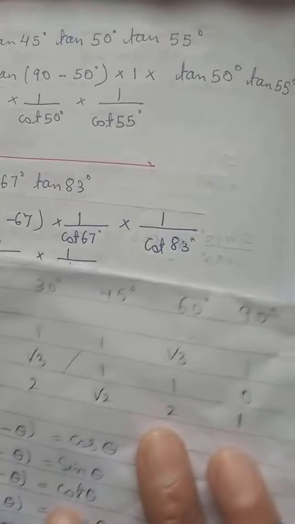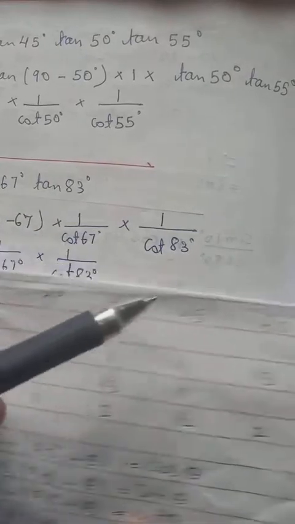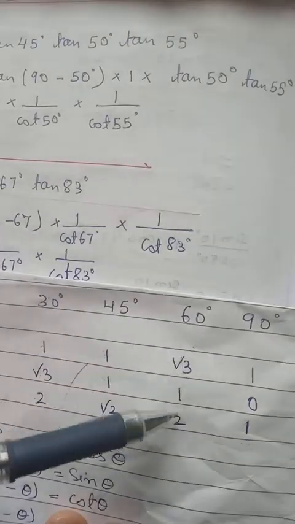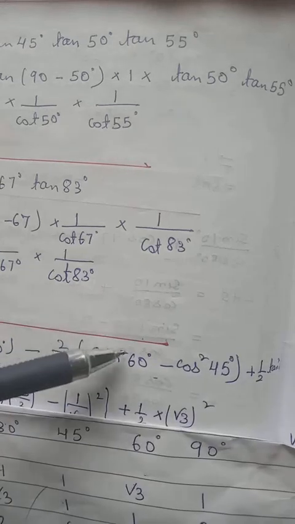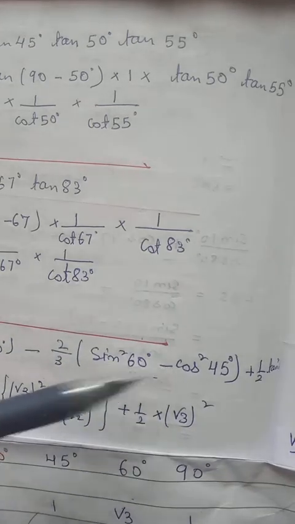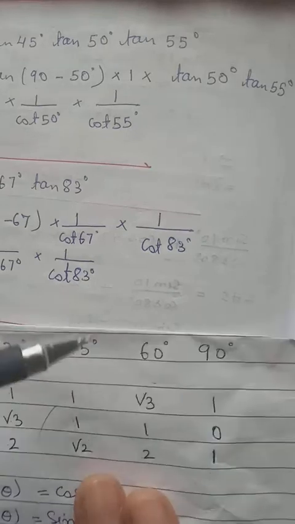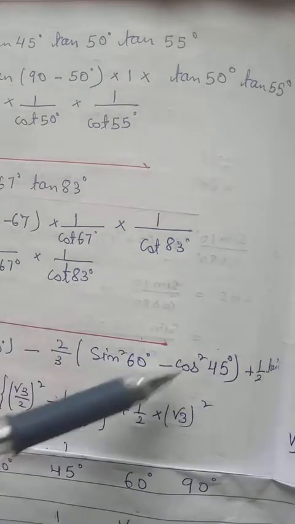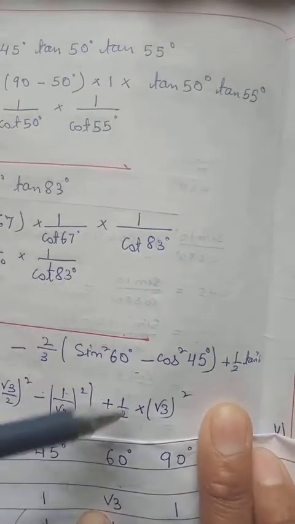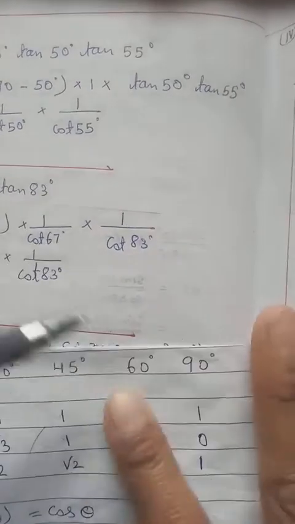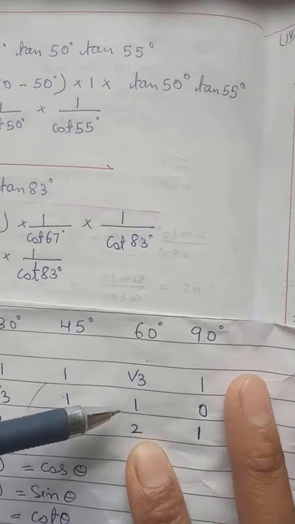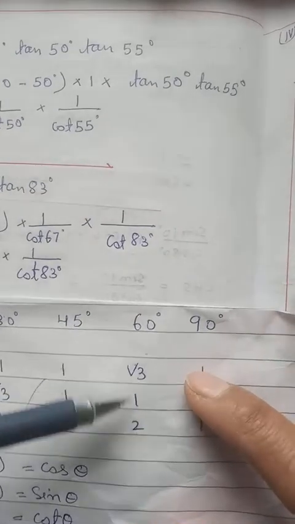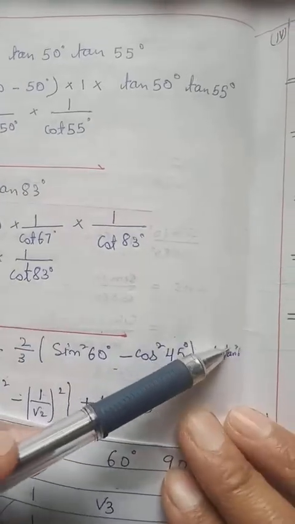Here sine 60 is p by h, so root 3 by 2. We have square, so we put square, then minus cos 45, 1 by root 2, so there we have square, plus 1 by 2 tan 60 is p by b, so it will be root 3 by 1 whole square we have.